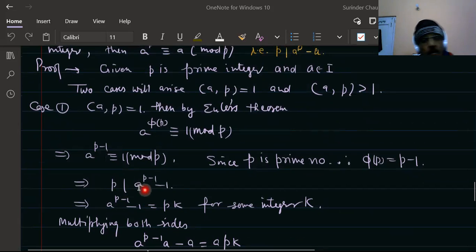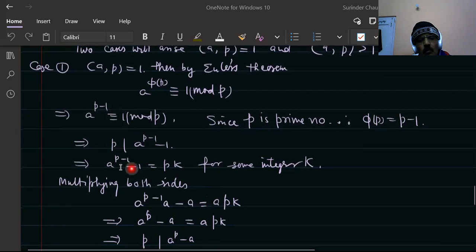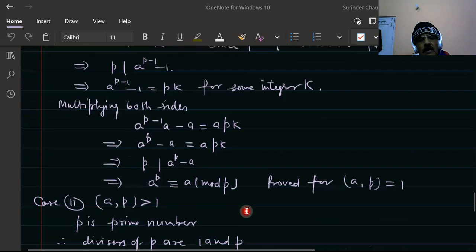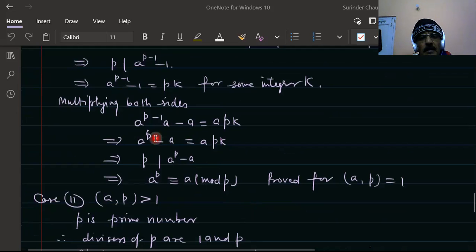If P divides this, there is a quotient K and remainder 0. And we can write A to the power P minus 1 is equal to PK, with remainder 0. Multiply both sides by A. So we get A to the power P minus A is equal to APK. APK, what does it imply? It implies A divides this, P divides this, and K divides this.